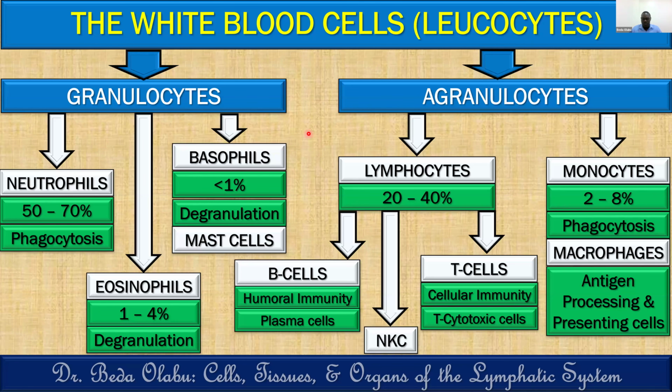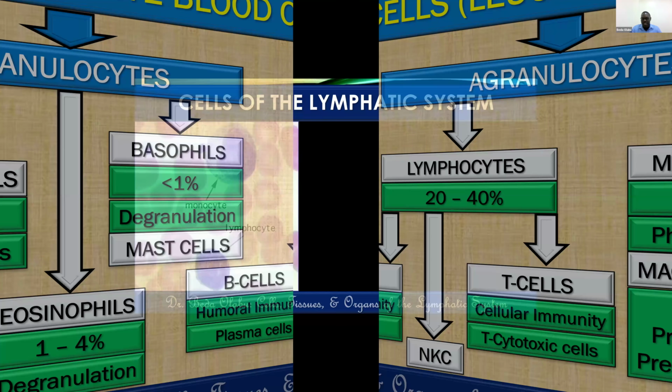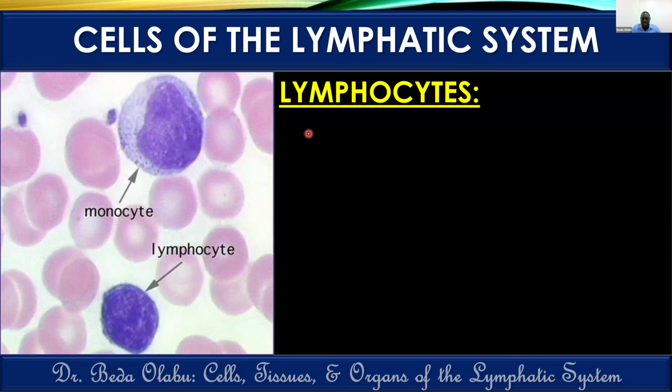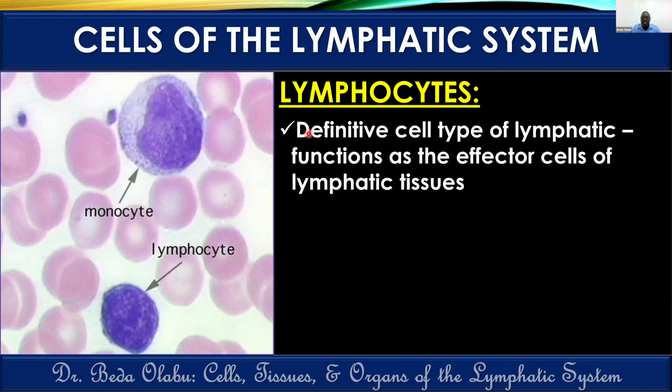All right. So let me just say something about the lymphocytes. Lymphocytes are the definitive cell types of the lymphatic tissue and the lymphatic system. All the other white blood cells are considered supporting cells of the lymphatic system.